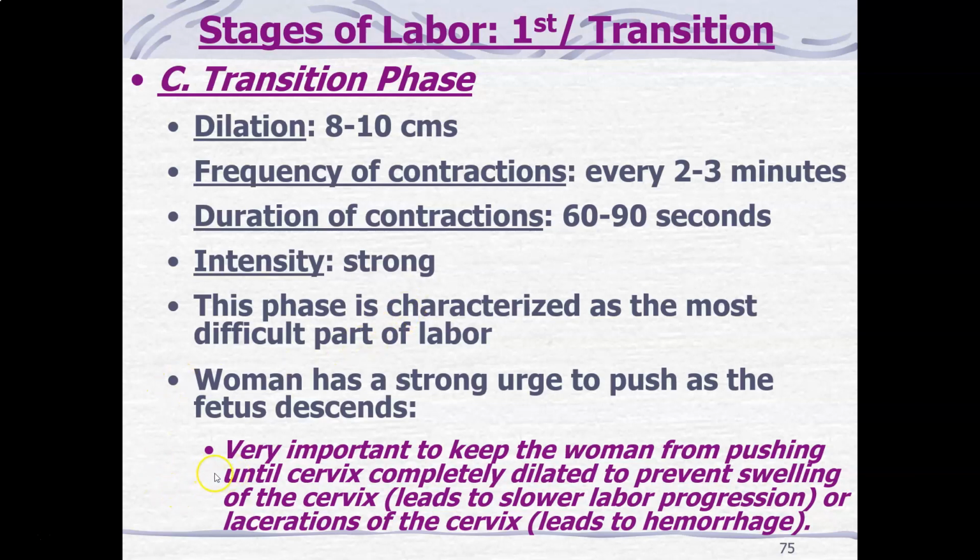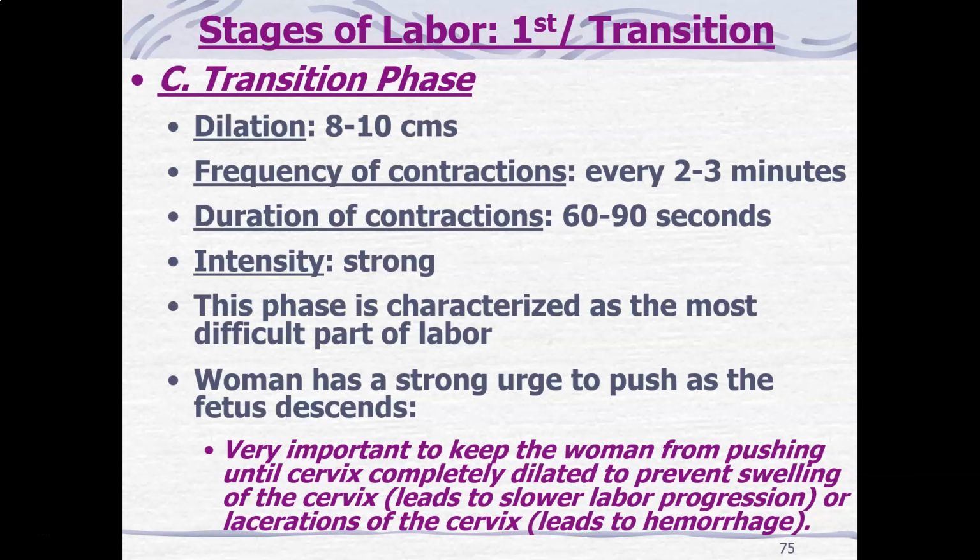One other very important thing to remember is that she may have this urge to push before the cervix is completely dilated. It is your job to encourage her not to push, to do breathing exercises, and to wait those extra contractions or two that it may take to get the cervix completely dilated.